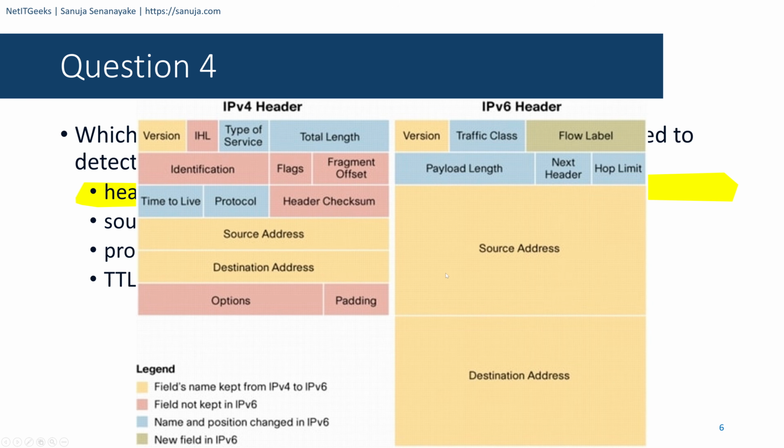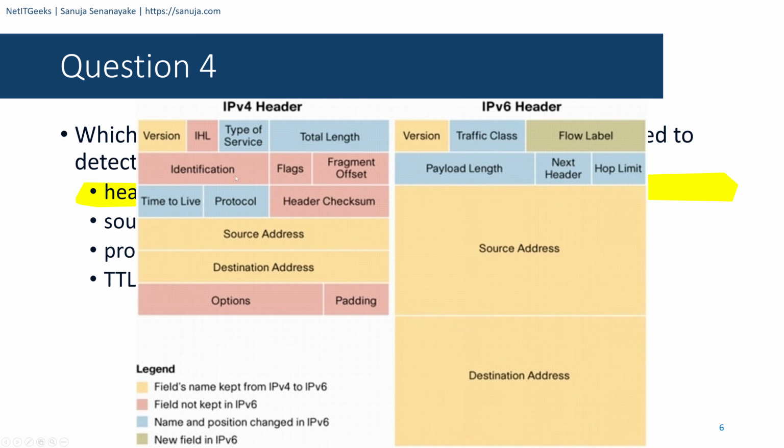However, certain sections we don't have in IPv4, such as this new field in green, for example, flow label, which is not part of the IPv4 header. So you need to know what each one of these does. If you look at your IPv4 header, you can see we have a header checksum right here, and that is what we can use to detect errors and corrupt packets in the IPv4 stream.